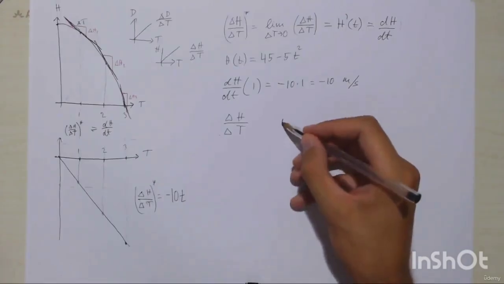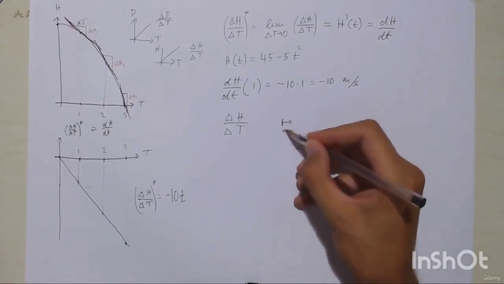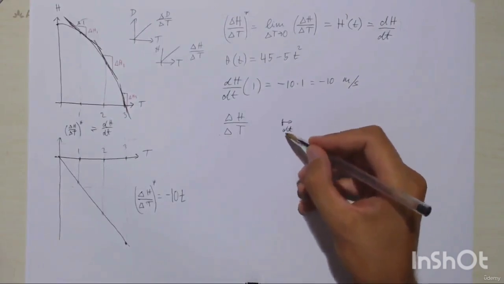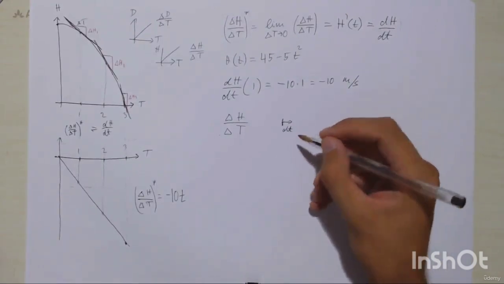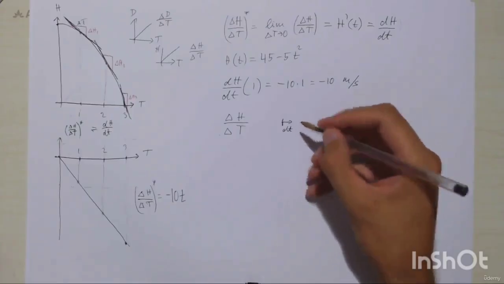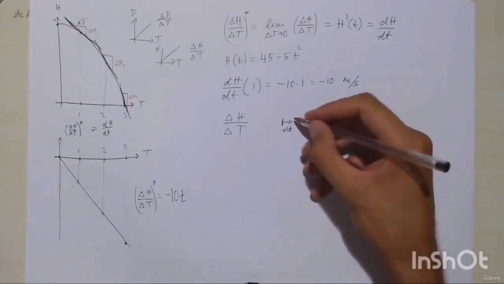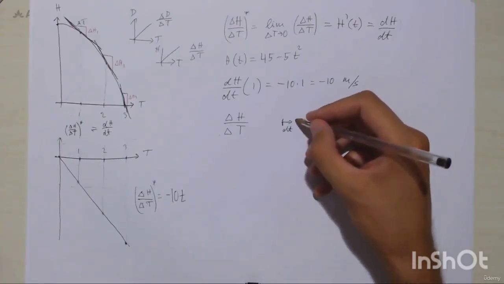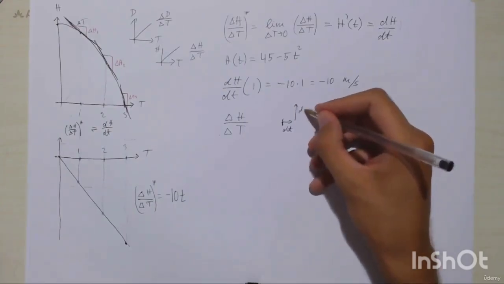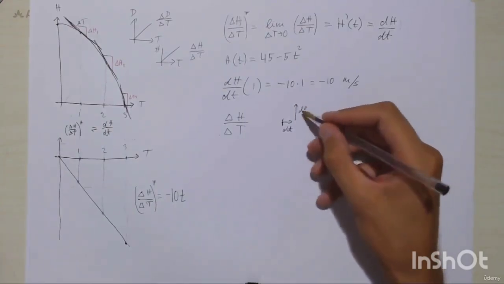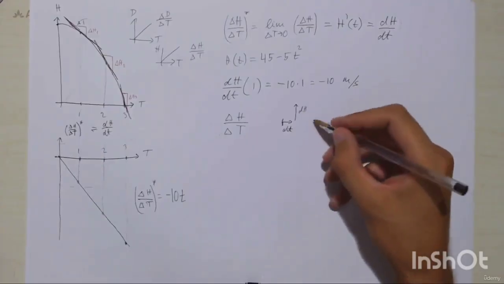So that means that if I change my delta t just a little bit, and it's an unimaginably small number that we don't know, it's just a bit bigger than 0, but so small that you can't imagine it, then the change of the altitude would also be super small, but it would be 10 times bigger than delta t.